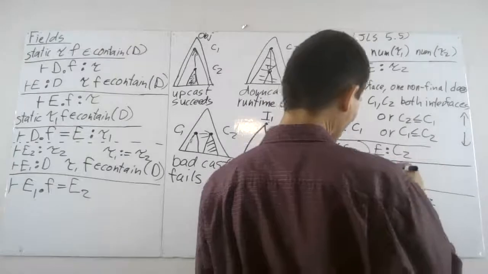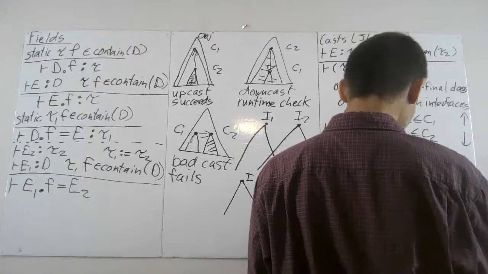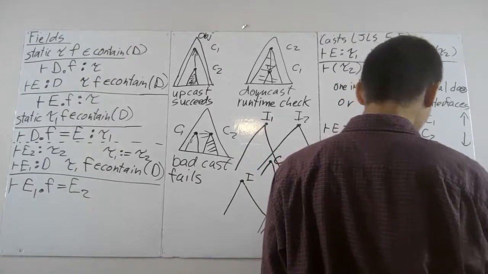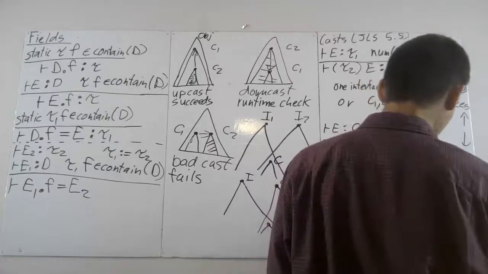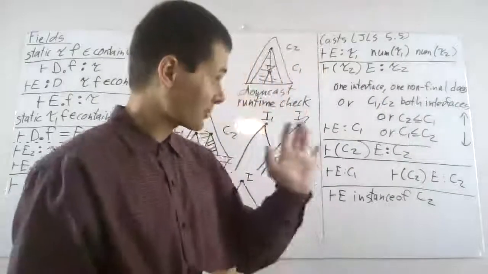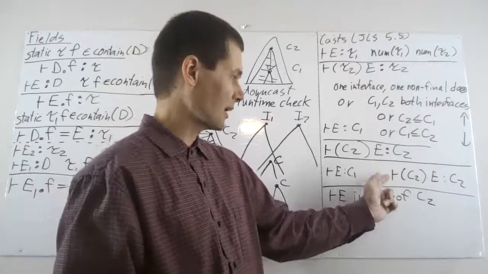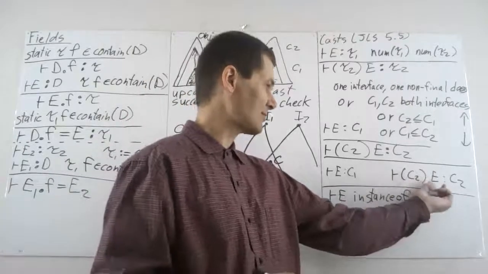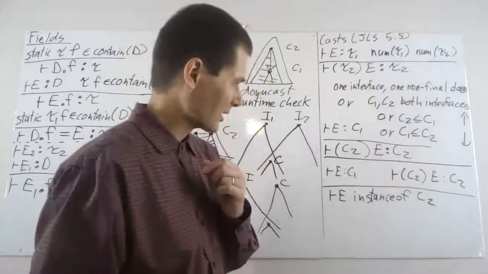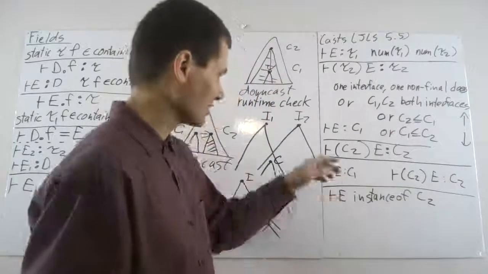So what I'm going to do here is a little bit of a weird thing. I'm going to say, if a hypothetical cast of E to the type C2 would succeed, or rather, would be statically type correct, right? So if the type system allows you to cast an expression E to the type C2, then you're allowed to do the instanceof check.